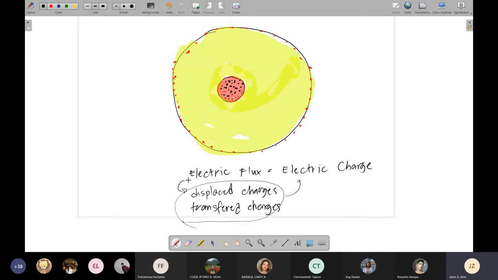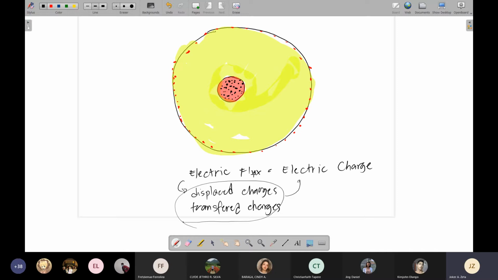When you say electric charge, those are the charges originally in that object itself, with no transfer and no displacement. So electric flux is named differently so that it is immediately recognized that these charges were not originally there, they were just transferred or displaced.